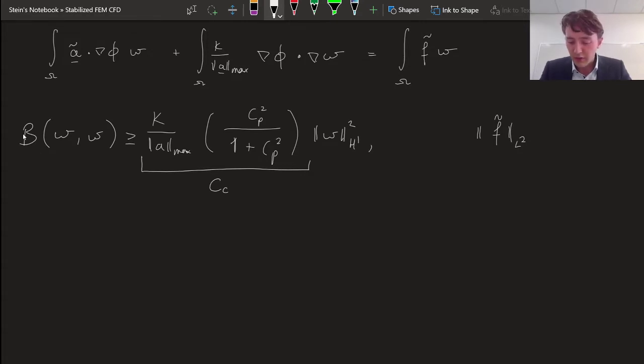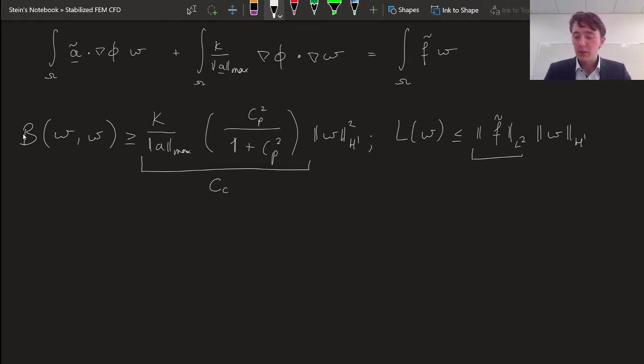And also for the boundedness of the right-hand side, which we call L of W, we saw that was bound from above, so this is smaller than or equal to this expression, this norm of our normalized function f, multiplied by the norm of W. And again, both these expressions, the coercivity and the boundedness, hold true for all possible choices W in the space H1, H10 specifically.